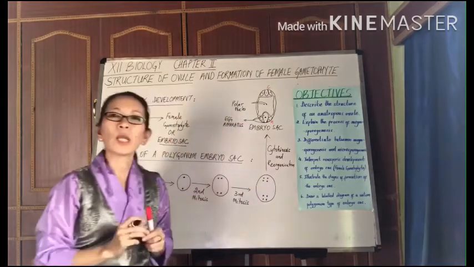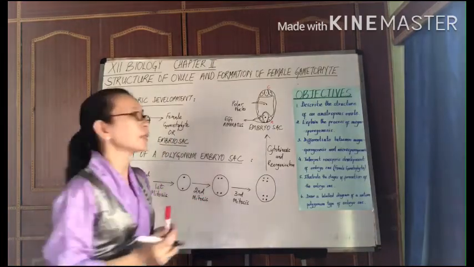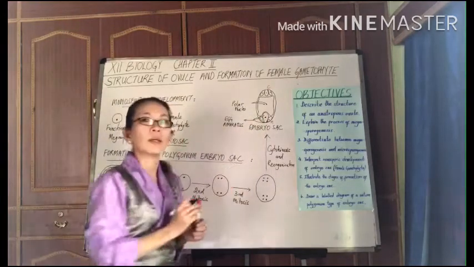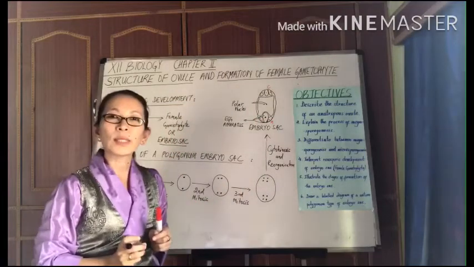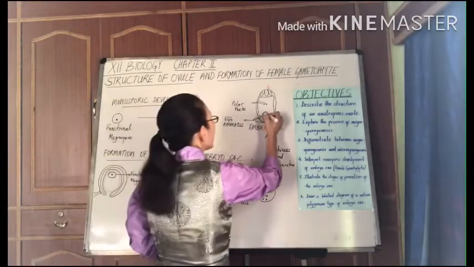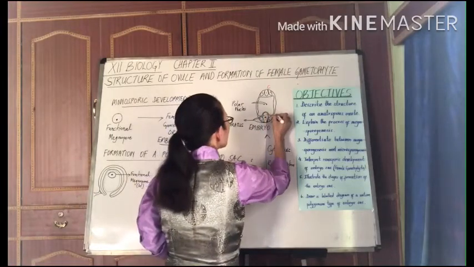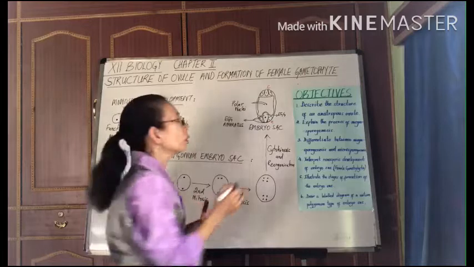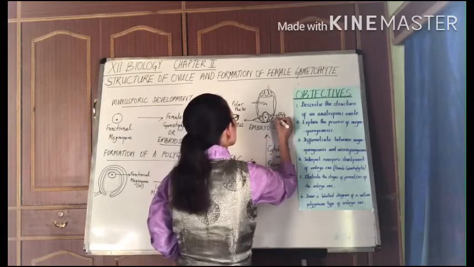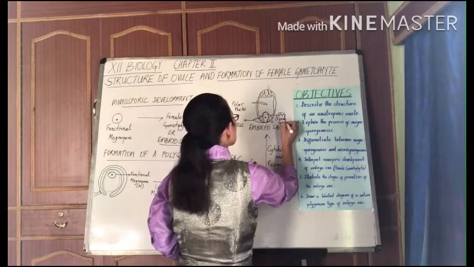Okay, now the name egg apparatus, because out of these 3 cells, the cell at the center of the 3 cells is the egg. So this actually is the egg cell, or basically the female gamete.